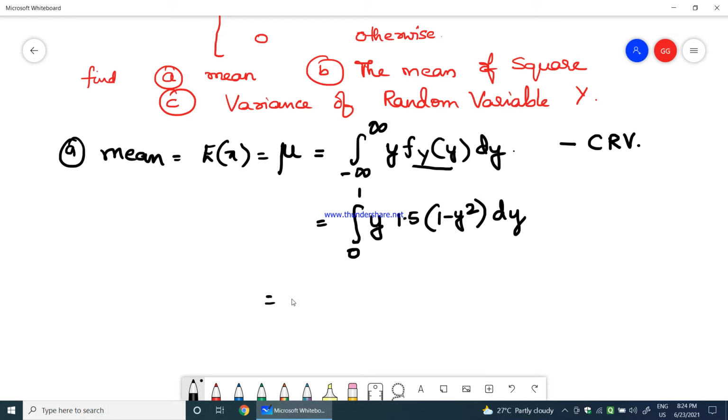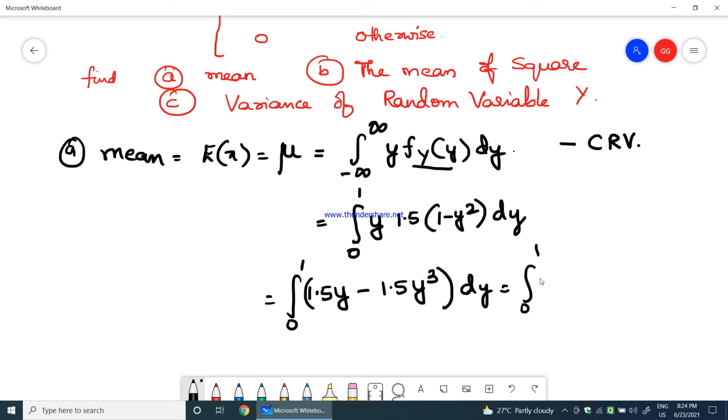Okay, so now what we need to do is just multiply y with these terms. So what will I get? Integration 0 to 1, 1.5 into 1 into y is 1.5y minus y into y square, therefore 1.5y cube into dy, which is equal to integration 0 to 1 of 1.5y dy minus integration 0 to 1 of 1.5y cube dy.